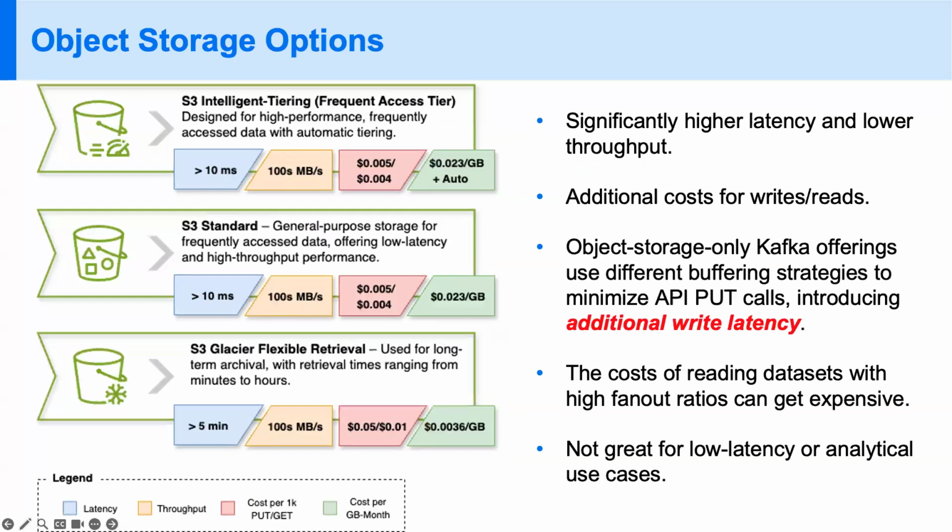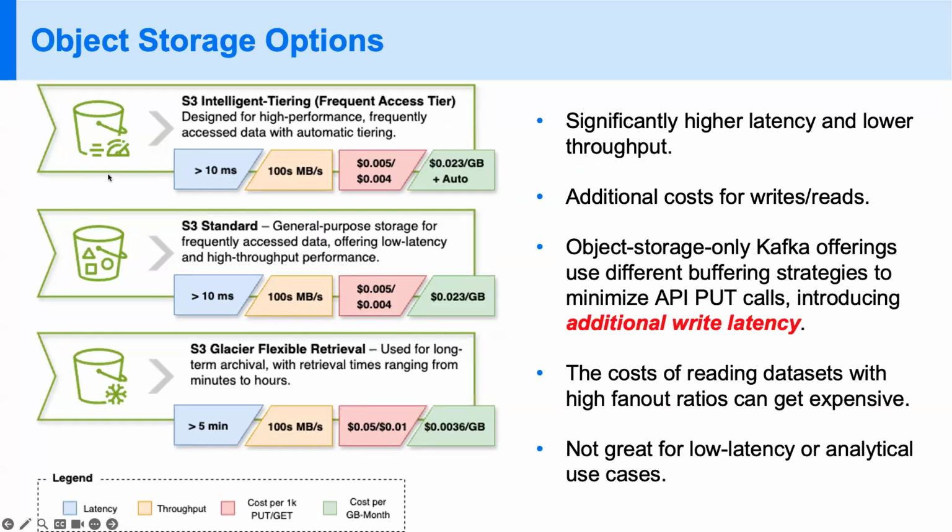If you choose to do object storage only, or you want to do a tiered storage offloading approach, there are lots of different options available, running the gamut in terms of performance, costs, latency, and megabits per second.